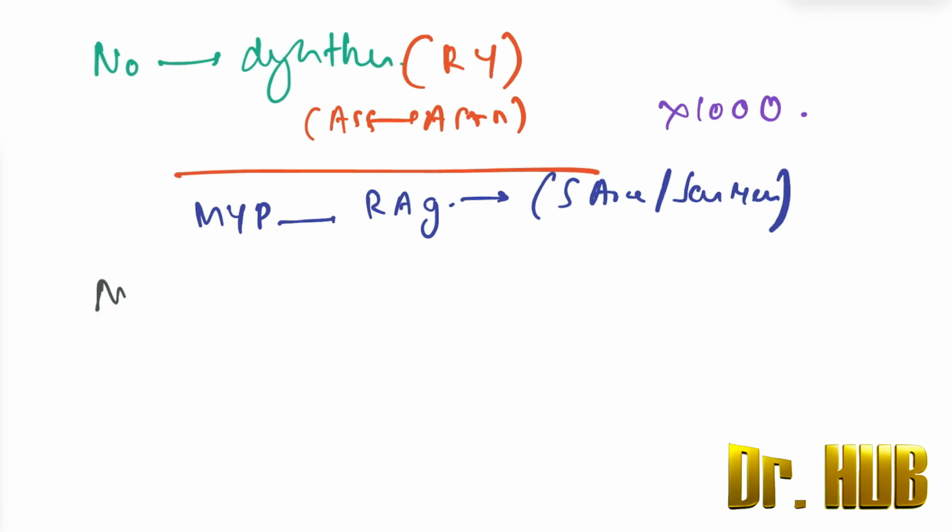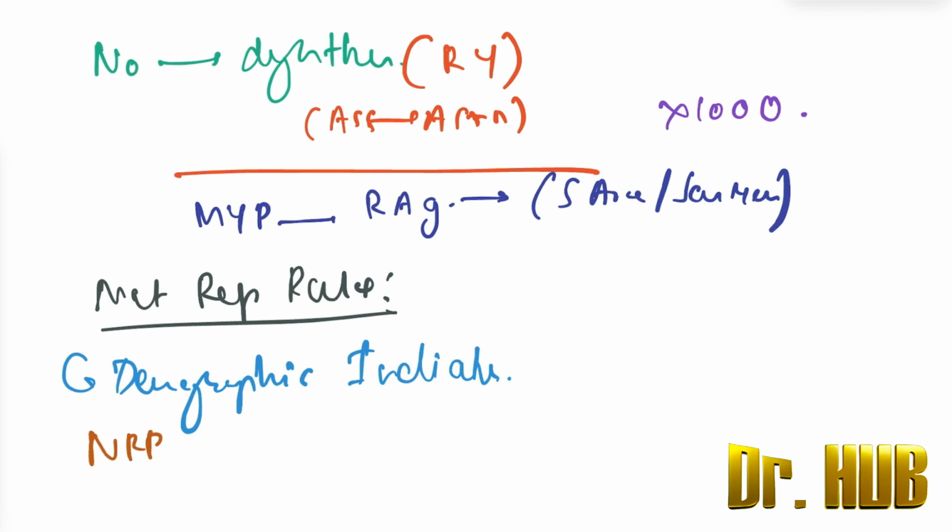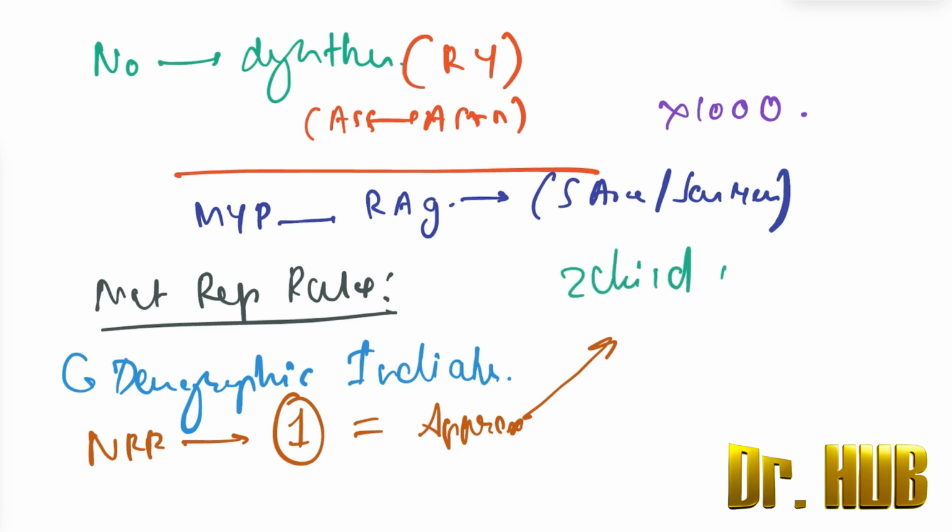Lastly, we are going to look at the net reproductive rate. This is a demographic indicator. An NRR of 1 is equivalent to approximately the 2 child norm.